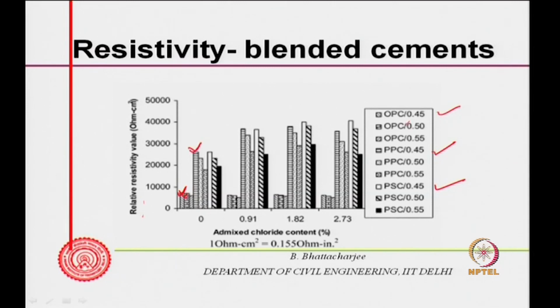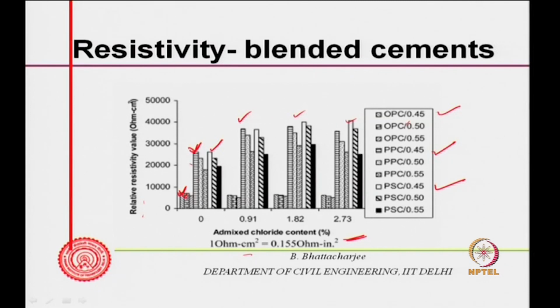Next one is for different water cement ratio or for admixed chloride. So, when you have added chloride from outside, these ones are for other cements for different water cement ratios.